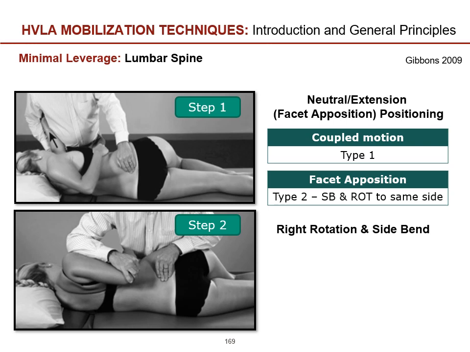And you can see this by, again, because of the static nature of the image, you can't appreciate it, but with his forearms, he's compressing both the iliac crest as well as the upper torso. And so his forearms are coming together, introducing that right side bending positioning. And that would create the facet opposition that is ideal, which is going to be your type 2, where side bending and rotation occur in the same side.